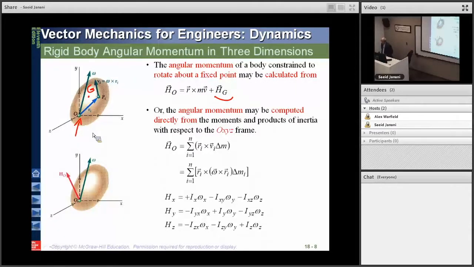Rigid body angular momentum in three dimensions. The angular momentum of a body constrained to rotate about a fixed point may be calculated from this equation, which is angular momentum about point O, on this frame.